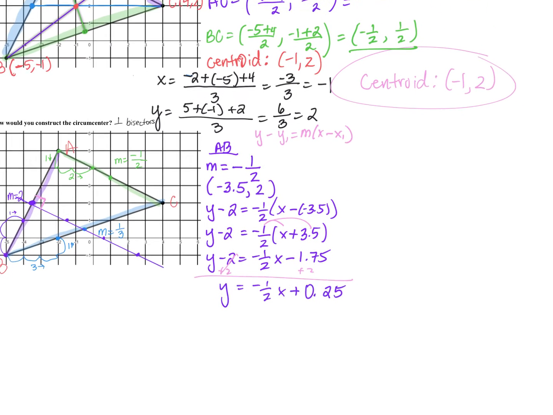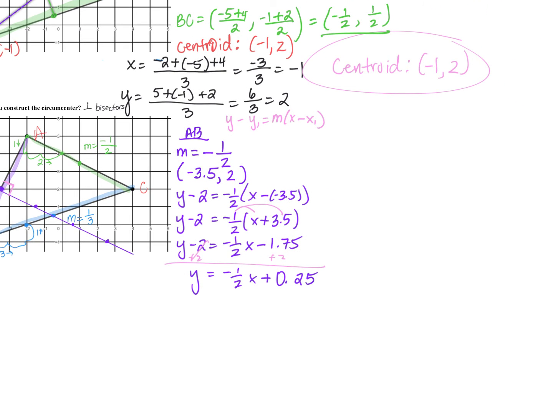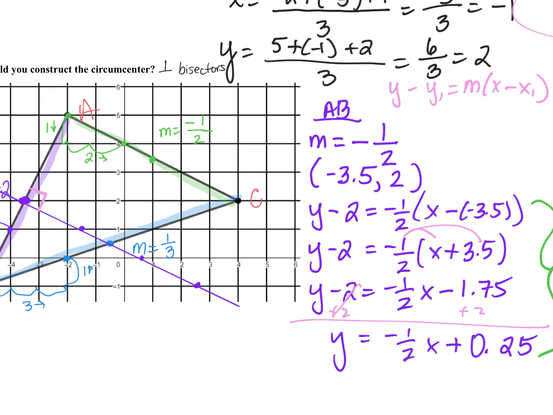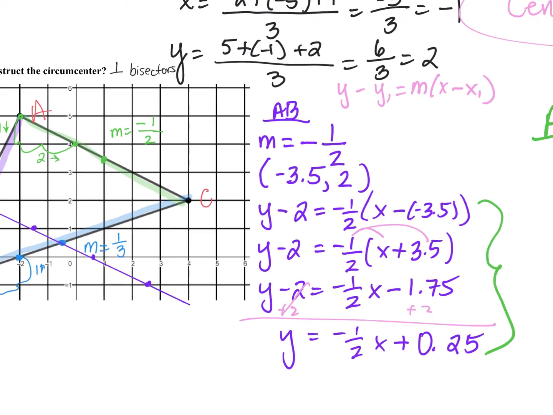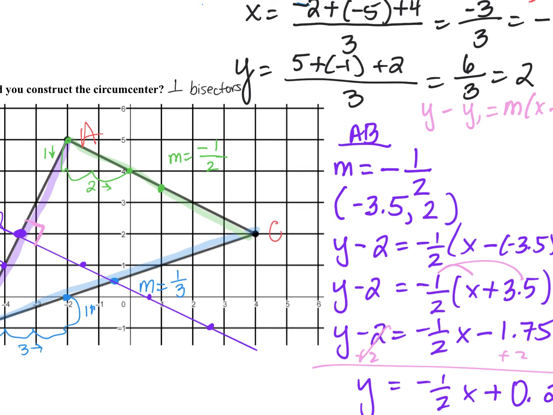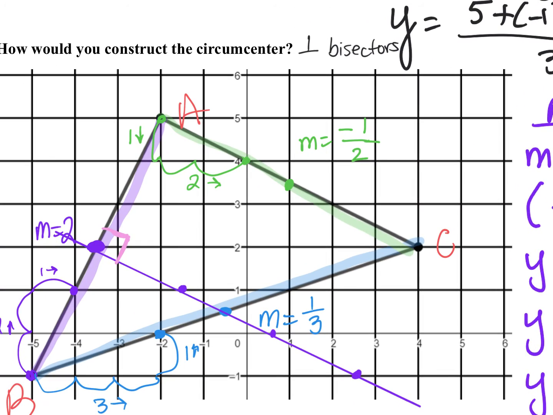Let's actually find AC too. I'm not going to do this whole part right here. I'm only going to find the slope. The slope for AC is negative 1/2. So in order to draw a perpendicular equation, it has to have a negative reciprocal slope. So the slope has to be 2. Let's do it the faster way this time.